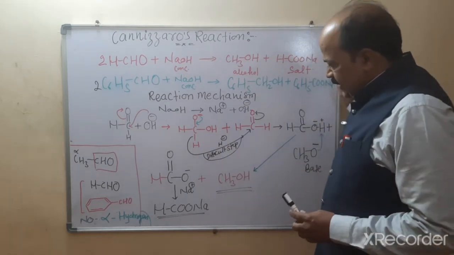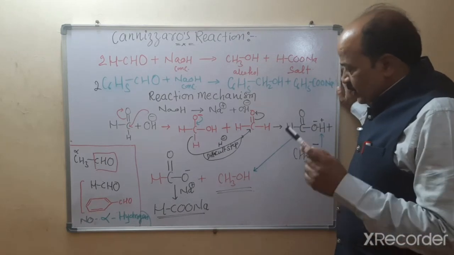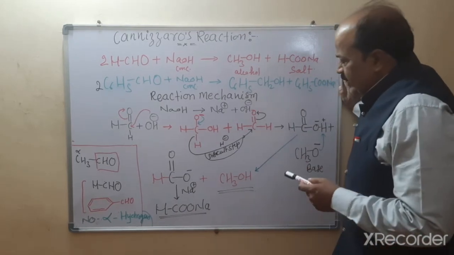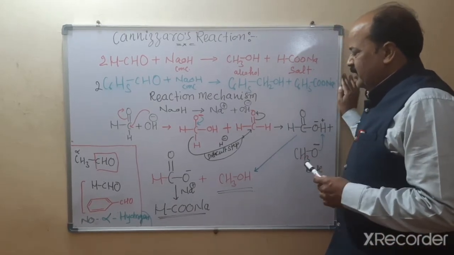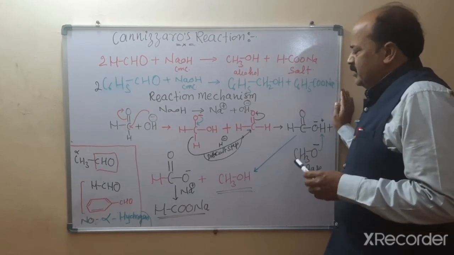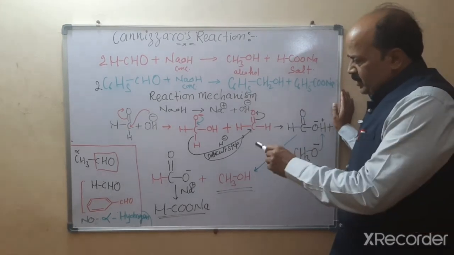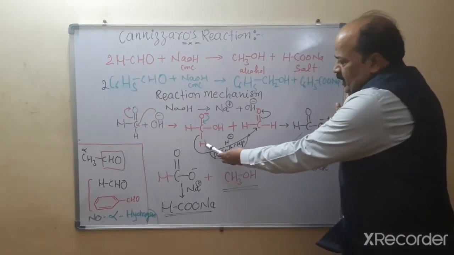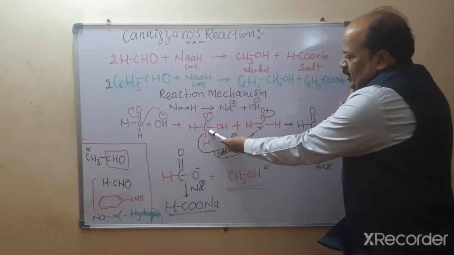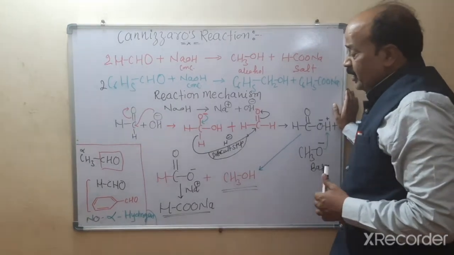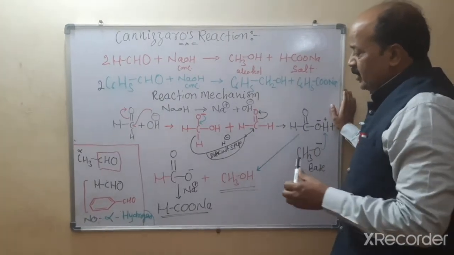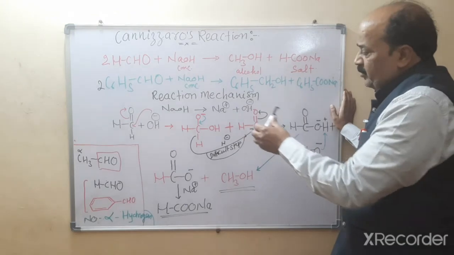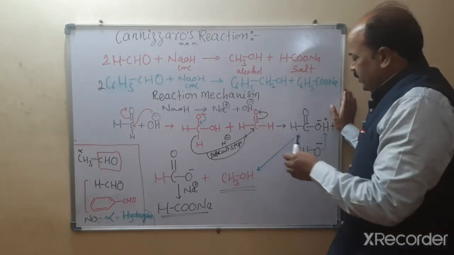So generally a question is asked in your assertion reason that in the Cannizzaro reaction, which statement is correct or which statement is wrong. So the transfer of the hydride from here to there is a very difficult step. Hydrogen electronegativity is 2.1, carbon's electronegativity is 2.5. So how can less electronegative hydrogen gain an electron from the carbon? That is why the step is difficult.